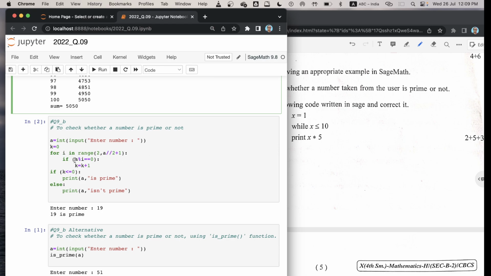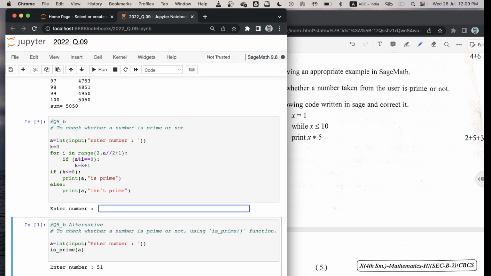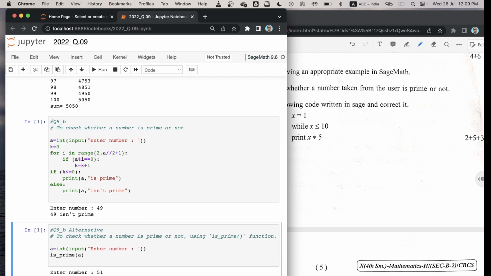And if a modulo I equals 0, that is a is divisible, then k equals k plus 1. If k is less than or equal to 0, print a is prime, else print a is not prime. So run this program and enter the number. Suppose 49; the output is 49 is not prime.